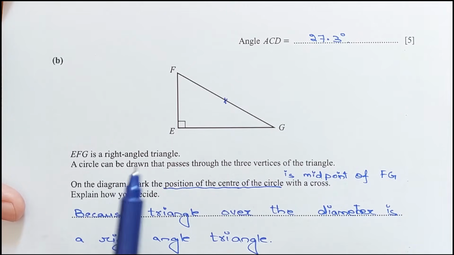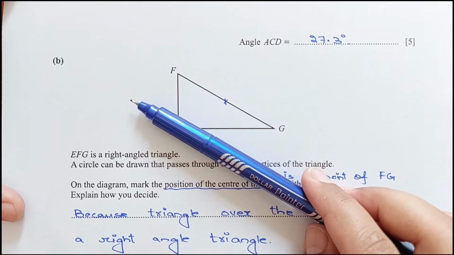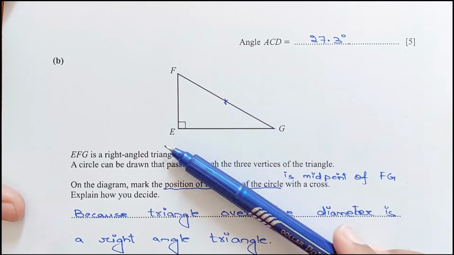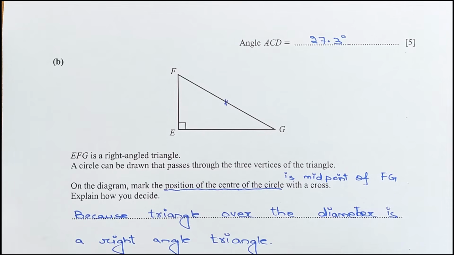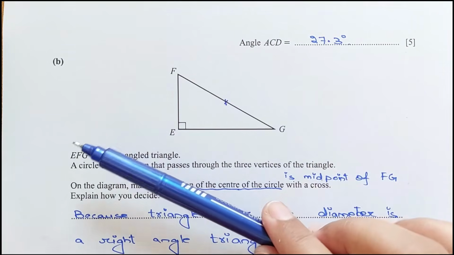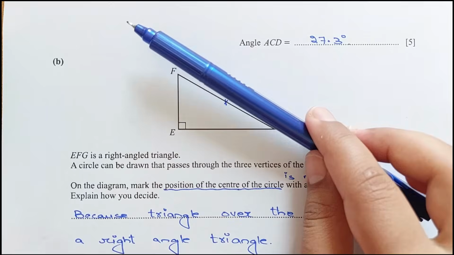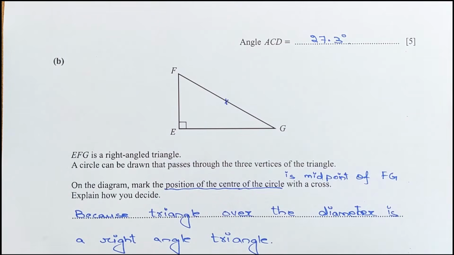We remember the theorem that when the triangle is inside of a circle, and that circle passes through the three vertices, and if this triangle is a right angle triangle, it means the center of the circle should be on the midpoint of the hypotenuse, because a triangle over that diameter should be equal to a right angle triangle. So this is going to be the diameter, and half of a diameter is a radius, so the midpoint of FG would be the center of the circle.